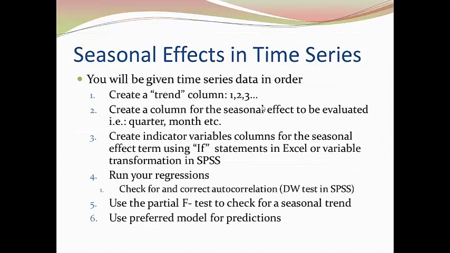So here are the steps, and for this I recommend that you do a mix of SPSS and Excel. Your first step is going to be to create a trend column. This will just be 1, 2, 3, 4, 5, literally indicating that your data is in some kind of order. The next will be to create a seasonal effect column.